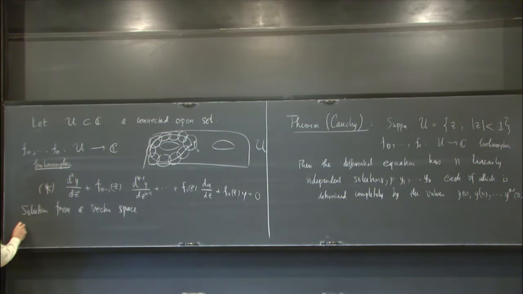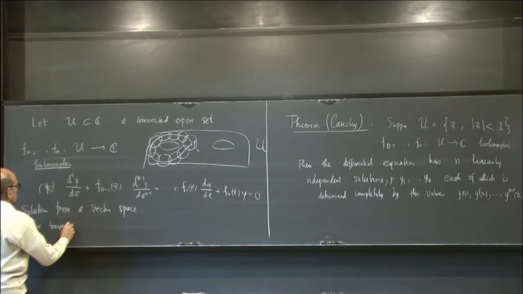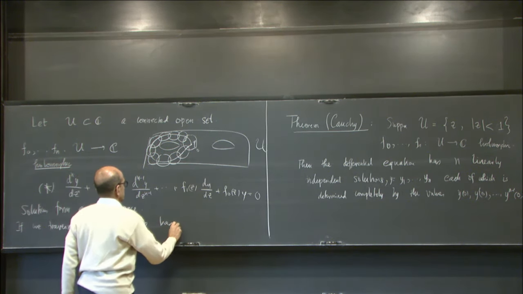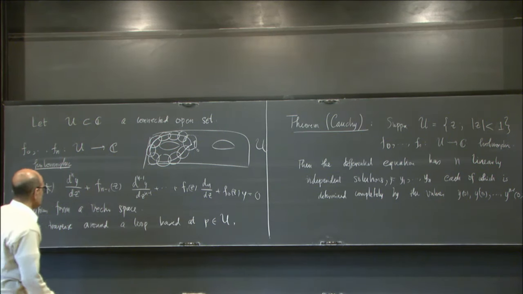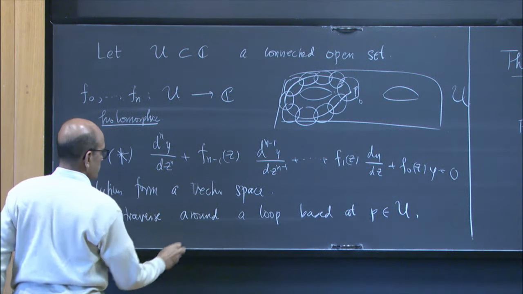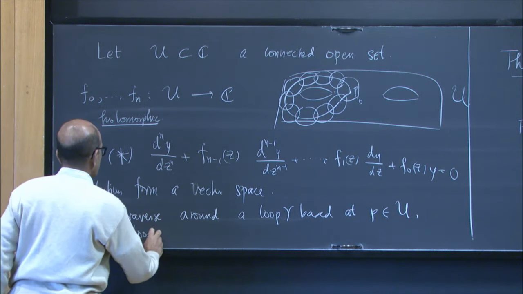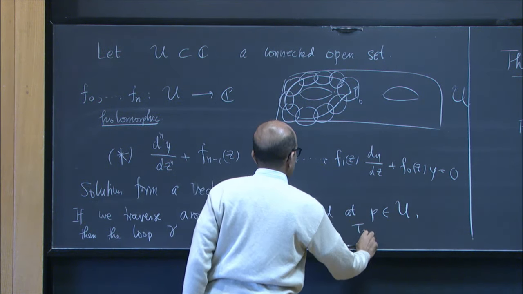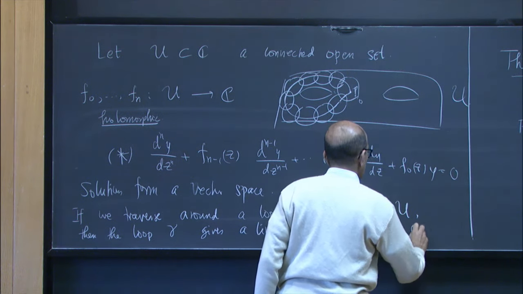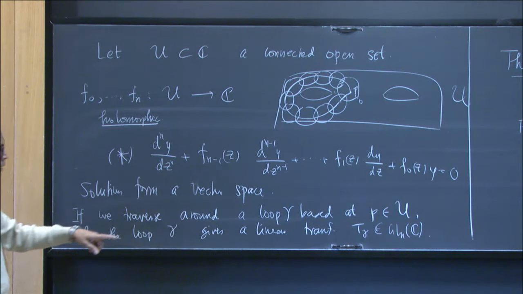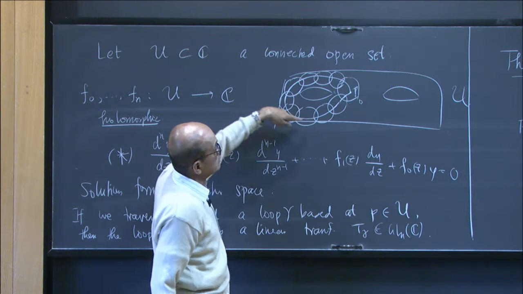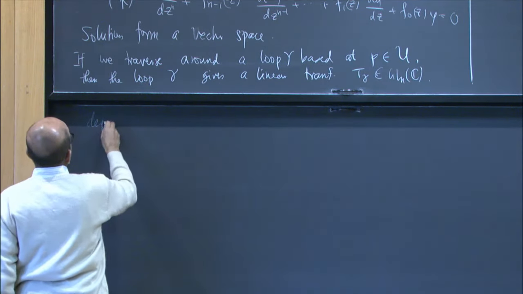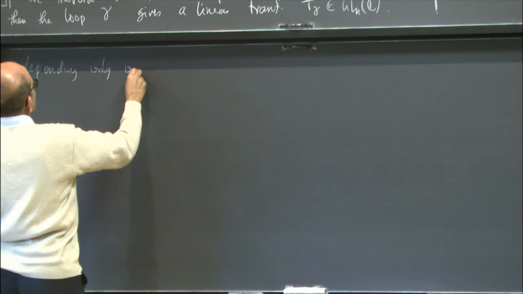So if we traverse around a loop based at P in the open set, then the loop gamma gives a linear transformation T_gamma, and this T_gamma depends only on the homotopy class of the loop around this P.